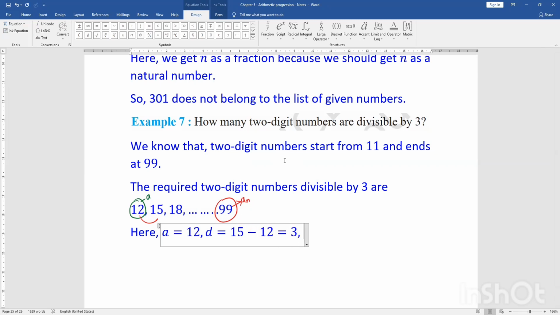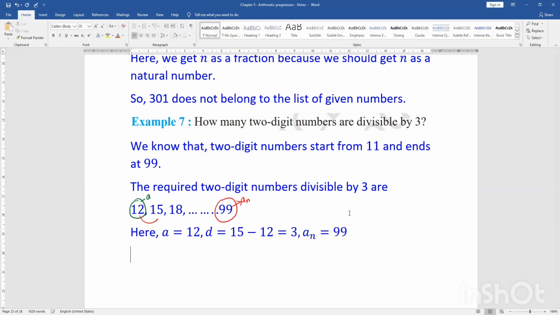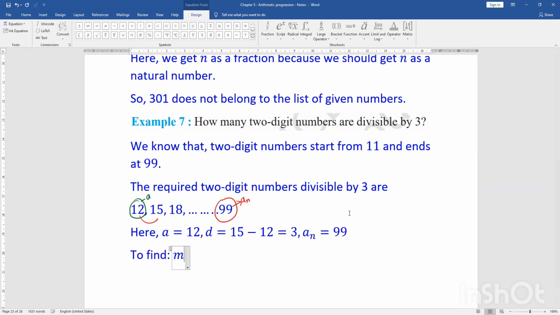And then what is the value of AN? The AN value will be equal to 99. What we need to find out is the value of N.